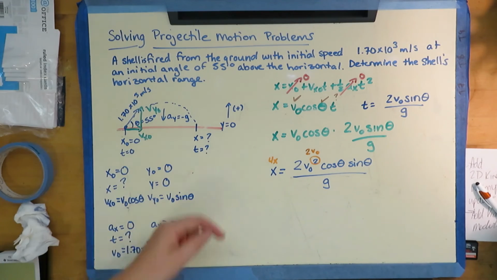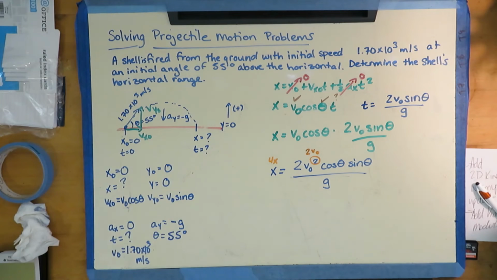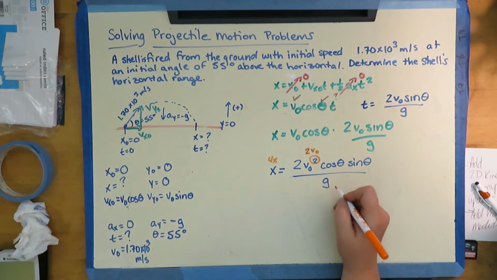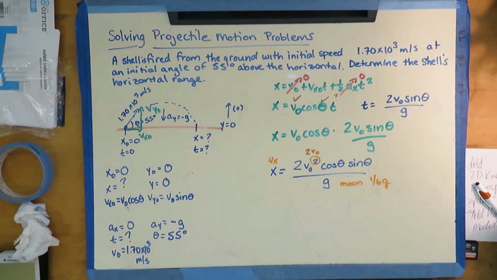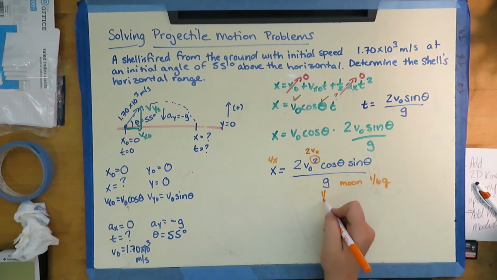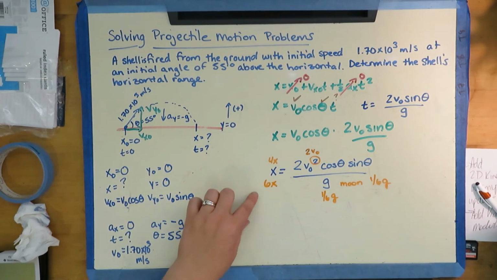So that initial velocity has a huge effect on how far this can travel. I can also see that if I went to the moon, which has 1/6 of the gravity of Earth, so 1/6 the acceleration due to gravity, I'm going to end up with 6 times the distance.